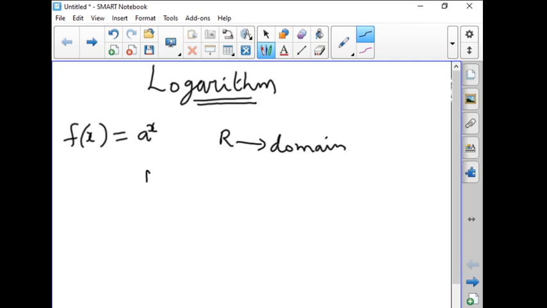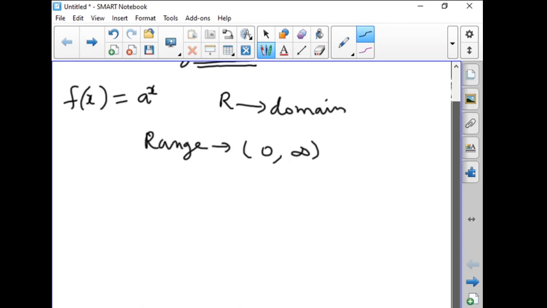And the range is 0, infinity. 0, infinity is the range for this exponential function. And this exponential function is a bijection. Bijection means it is one-one and onto.